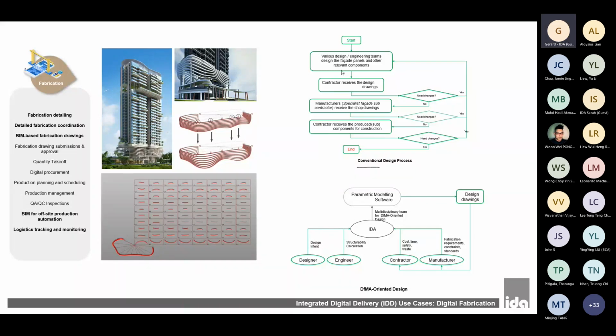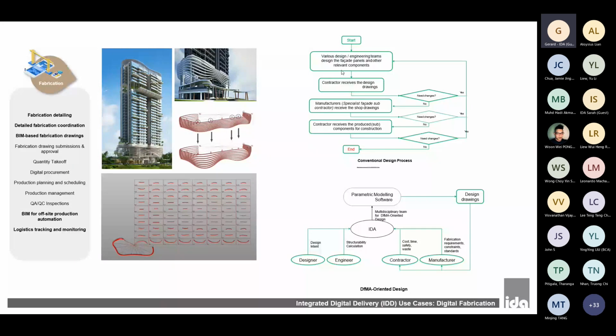Instead, because we already have all the detailed information that is required, we would understand the manufacturer's requirements: what kind of equipment they are using, what the limitations of this equipment are, and other things like transportation, whether there are any structural issues, cost and all that.